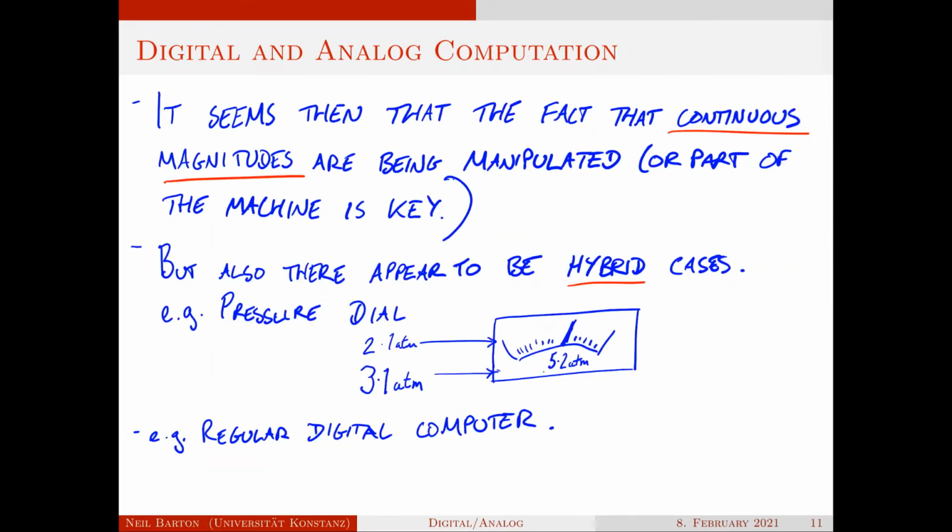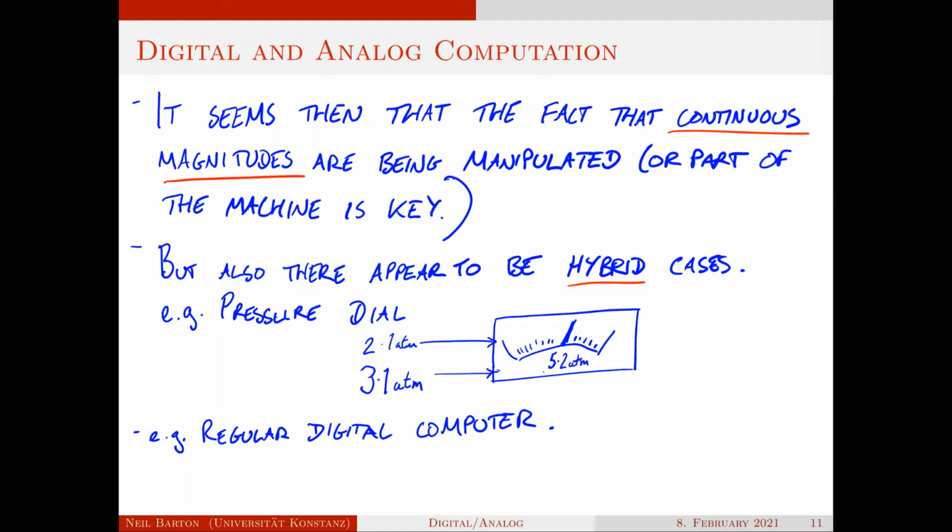Great. So given these problems with the analogical account of computation, it seems that a more promising route is to look at analog computations as involving continuous magnitudes rather than necessarily involving analogies. There may be other accounts of analog computation, but let's go with the continuous account for now.